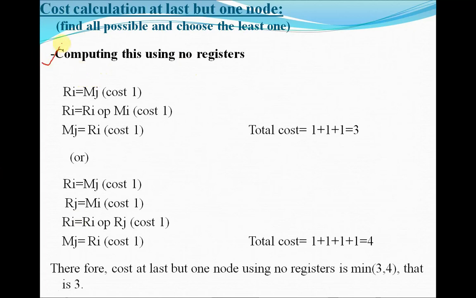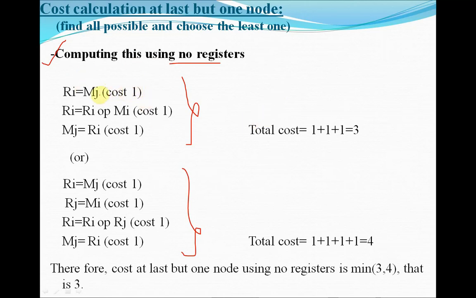The first category is computing this with no registers. Here there are multiple options. I have 2 sub options, and I have to choose the best one.